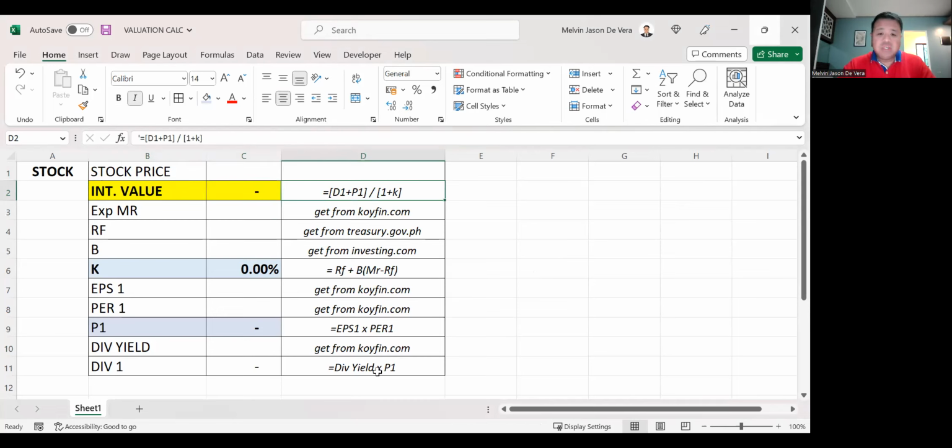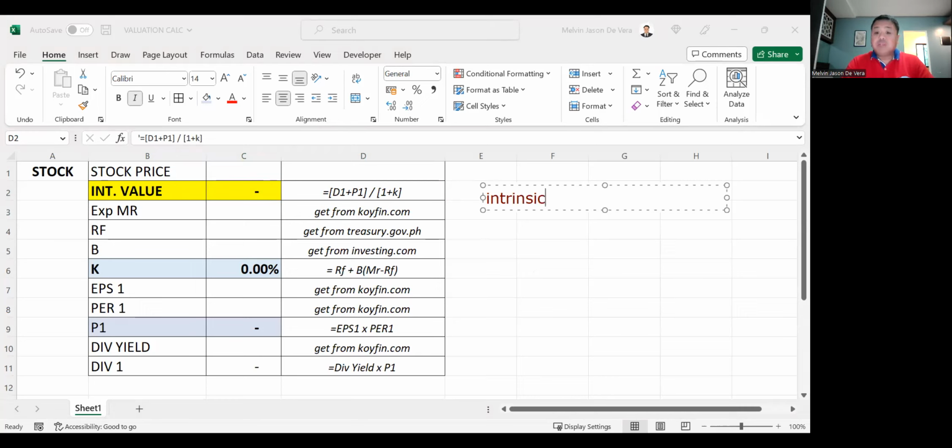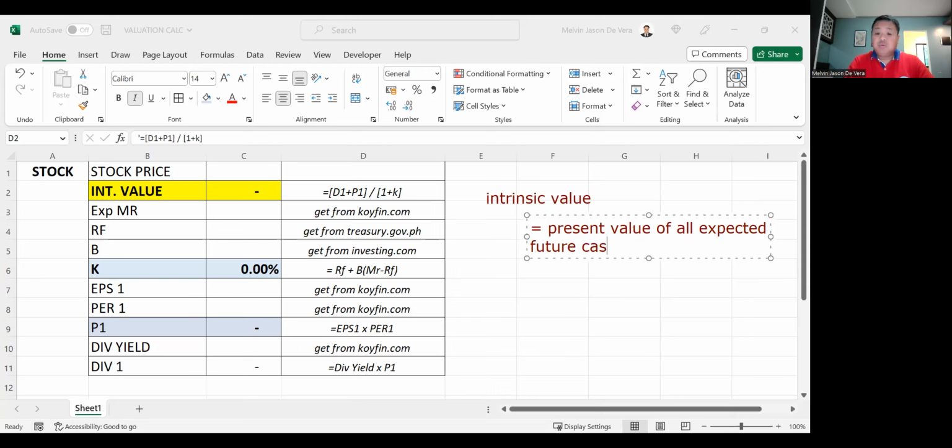Okay, so when we say intrinsic value, we actually get the stock's present value of its expected future cash flows. So again, this is the present value of all expected future cash flows, or cash inflows, should I say, from the stock investment.